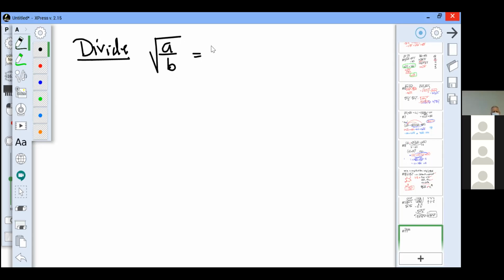So when you divide radicals, if it seems like a smart thing to do, separate. I always check numerator divided by denominator.